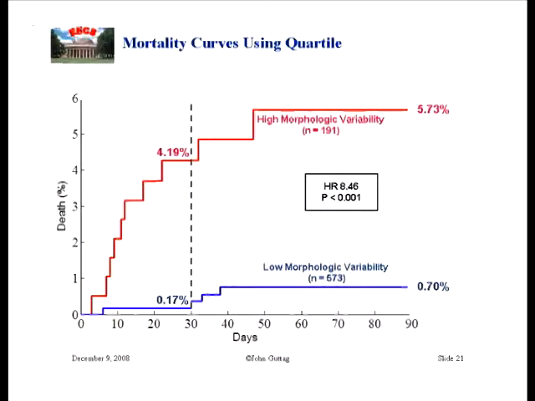Here's one evaluation. We took the 25% of the population that we thought was at the highest risk, and you'll notice that within actually the first 30 days, 4.19% of those people were dead. This is a retrospective study, by the way. The ECG had been recorded, and we knew we had follow-ups on them.